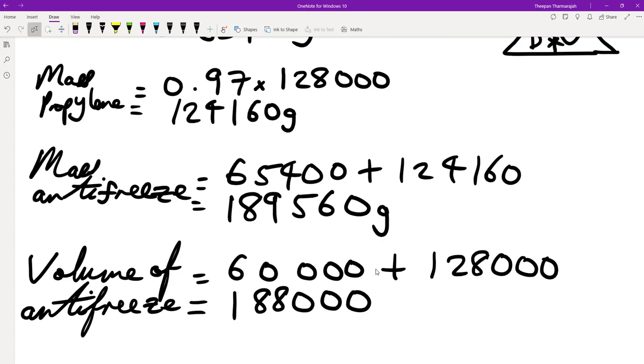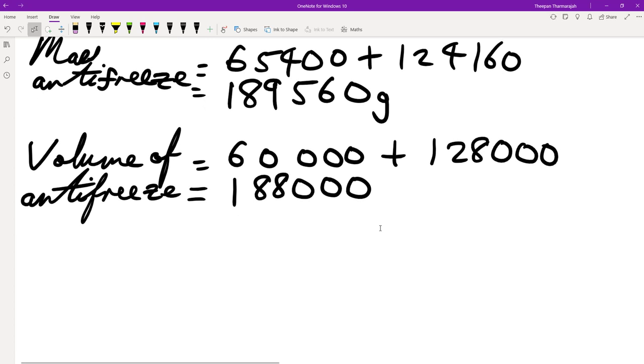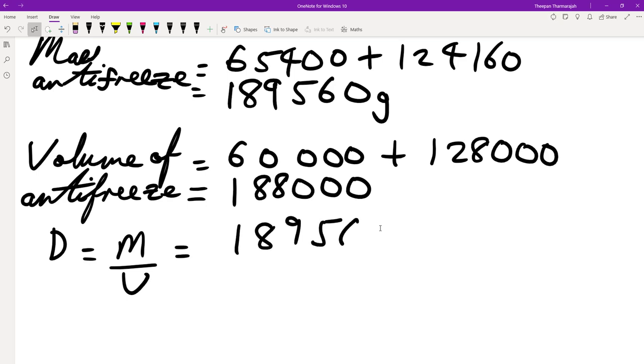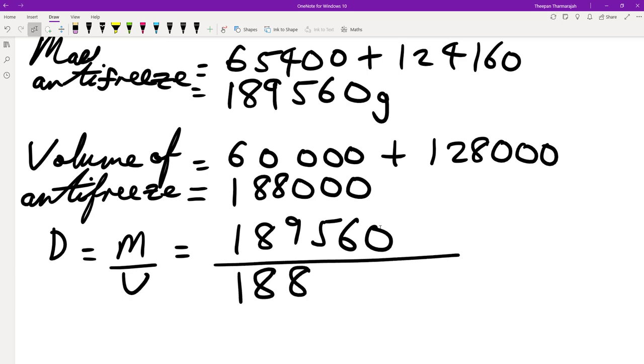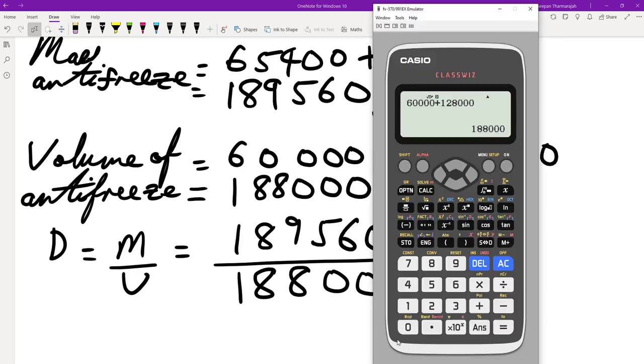So now the density of the antifreeze is going to be mass over volume. So the mass is 189,560 divided by 188,000, and we can work that out here.